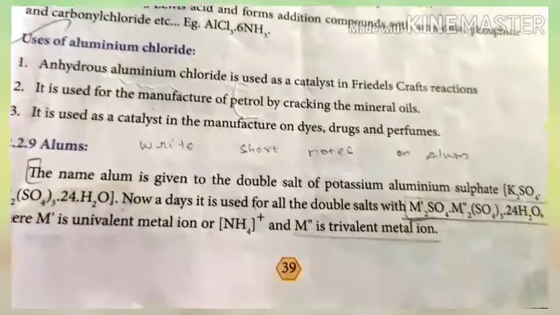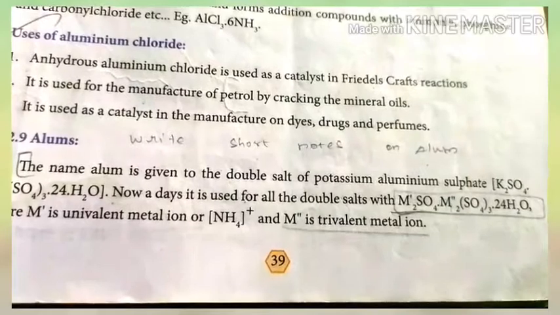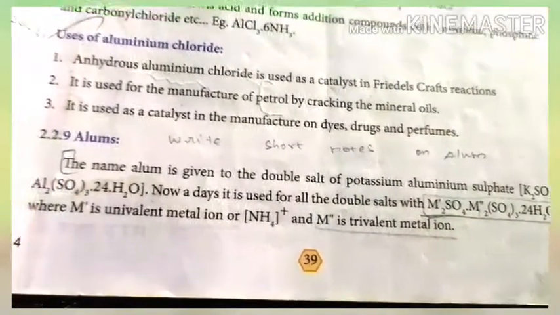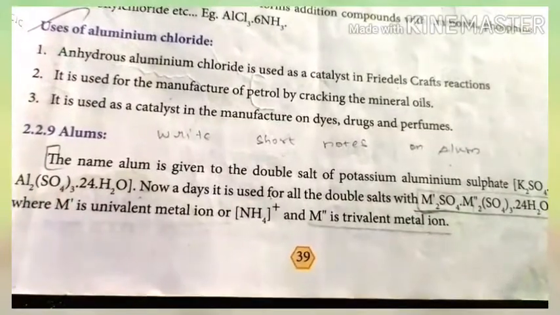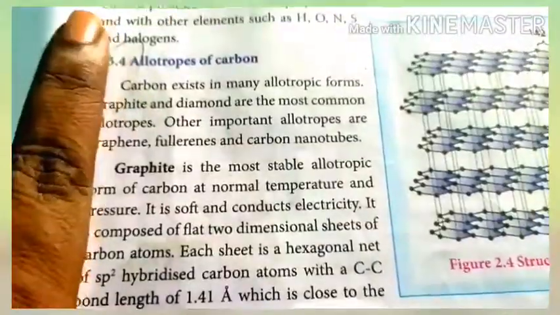The general formula of alums is M2SO4, M2'''(SO4)3, 24H2O. Here M' is a univalent metal and M'' is a trivalent metal. Univalent means it can be Na+, K+ or ammonium, and trivalent means it can be aluminium, chromium and other metal ions.